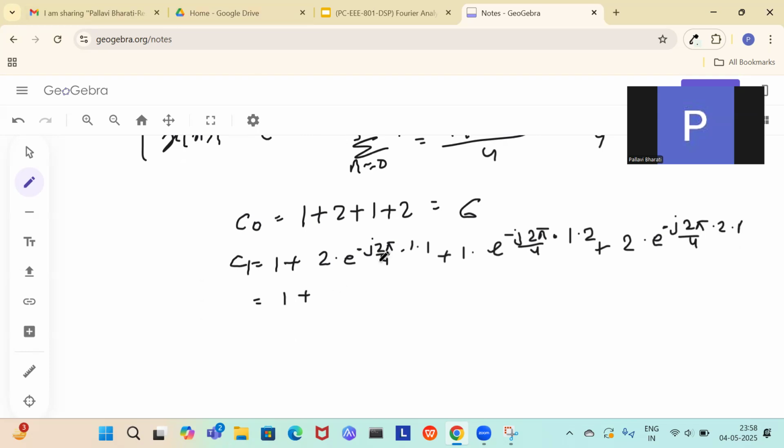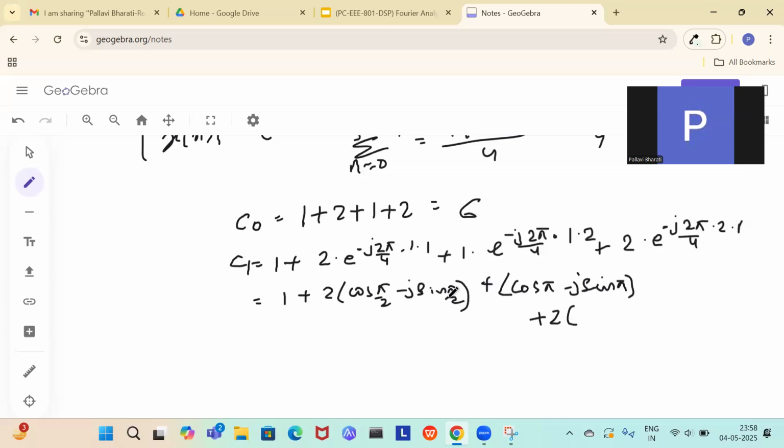So what you get over here is 1 plus 2 into cos pi by 2 minus j sin pi by 2. In the next term, it is again minus pi by 2, and that 2 also gets cancelled, so it becomes cos pi minus j sin pi.